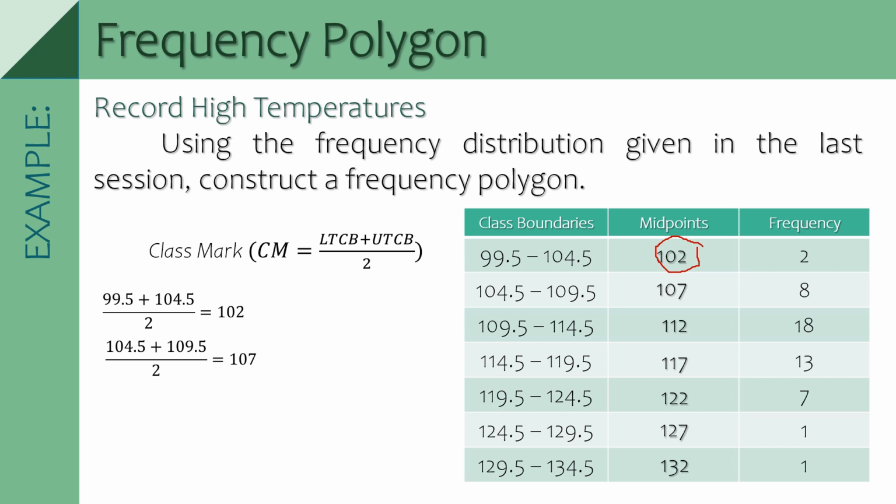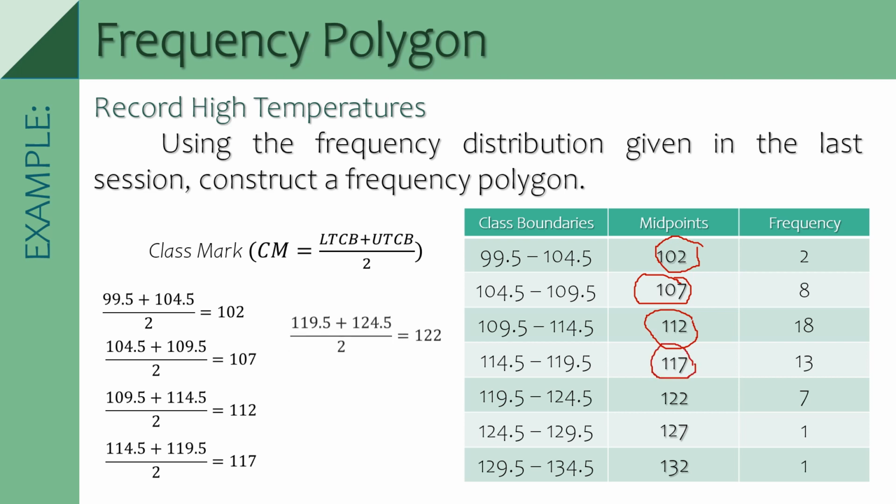Okay, so this one. Okay, next is 109.5 plus 114.5 all over 2 is equals to 112. Next is 114.5 plus 119.5 all over 2 is equals to 117.